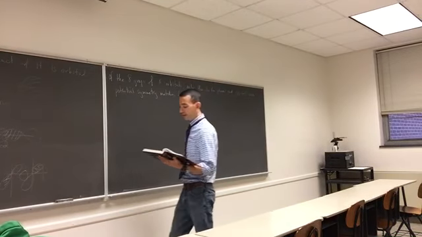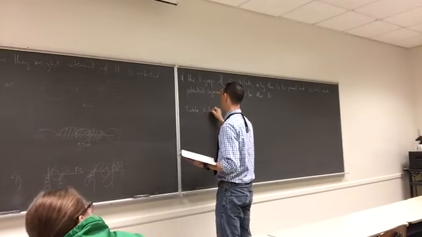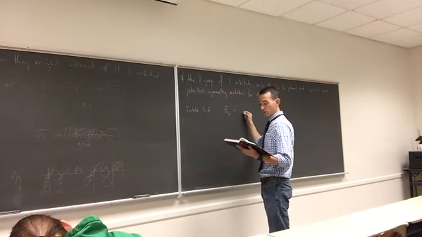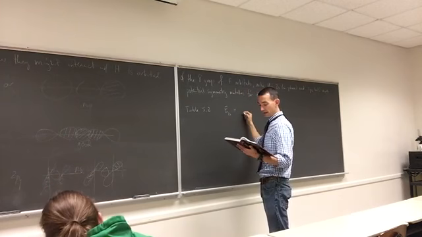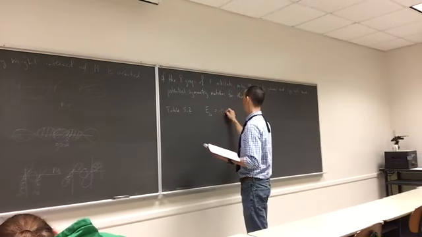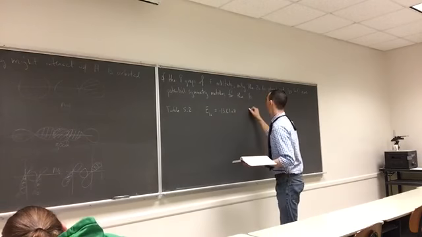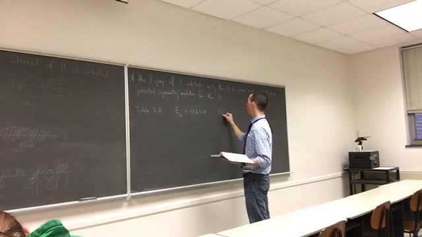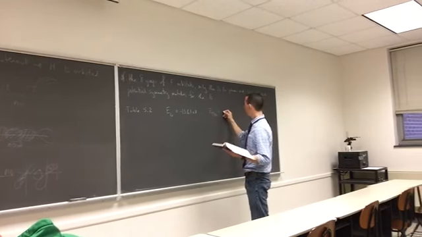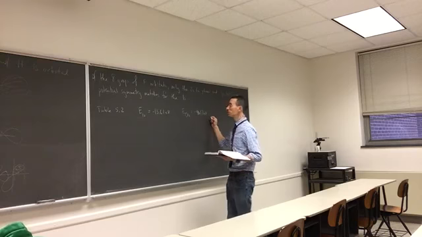Now, from table 5.2, the energy of the hydrogen 1s orbital is negative 13.61 electron volts. The energy of the fluorine 2s orbital is negative 40.17 electron volts.